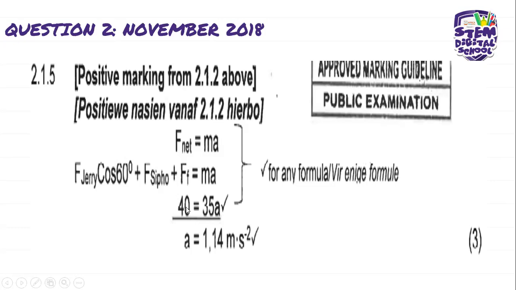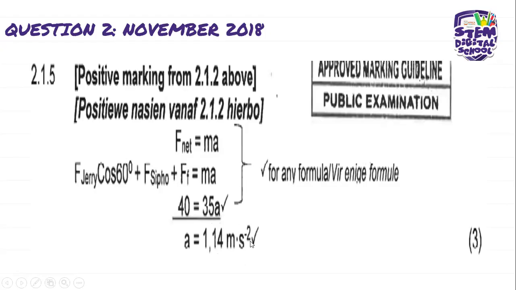Because the net force was to the east, and we choose east as positive, the value will be substituted as 40. And the mass of the log is 35 multiplied by acceleration. Therefore, acceleration is equal to 1,14 meters per second squared.